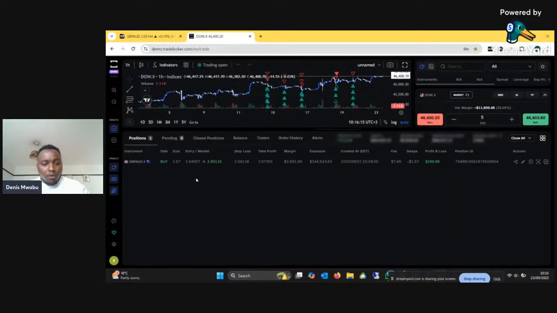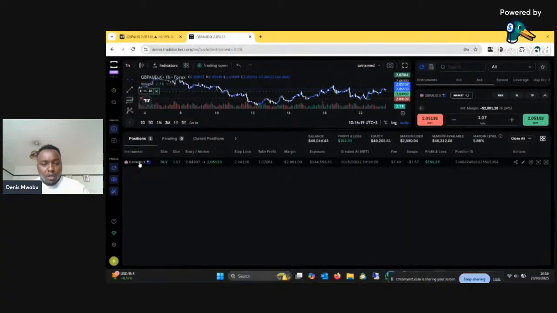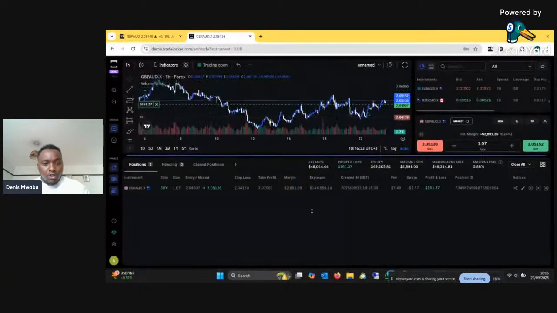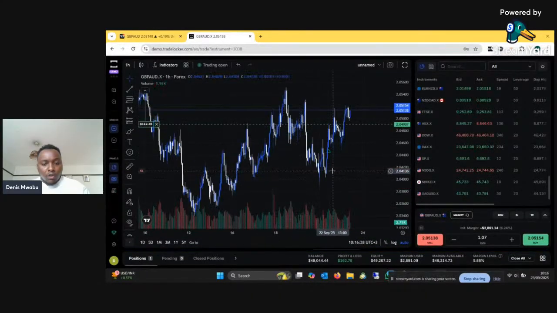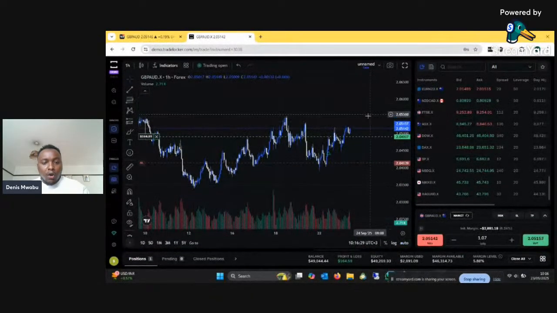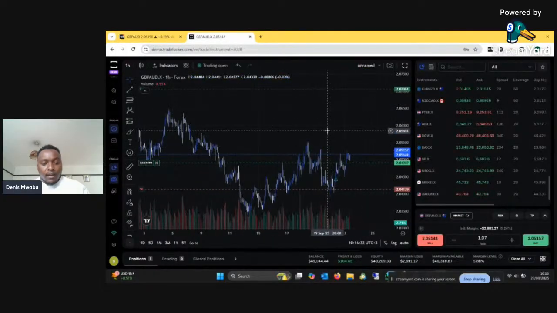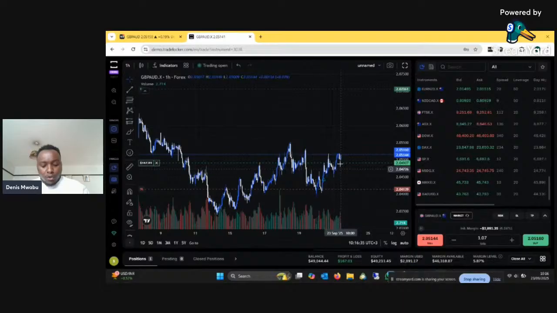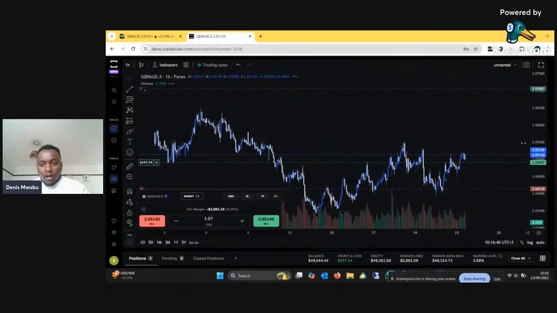As you can see, this is still my position here on GBP AUD. Here's my stop loss. I'm still holding this GBP AUD trade idea, and I expect it to continue pushing high.